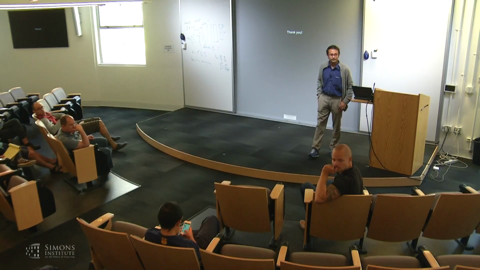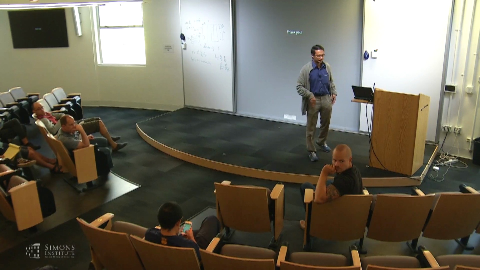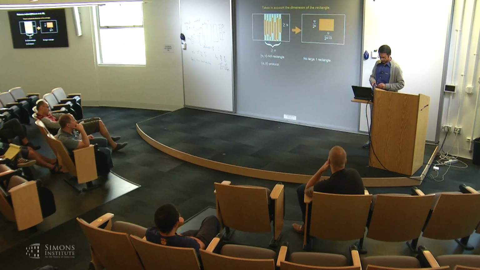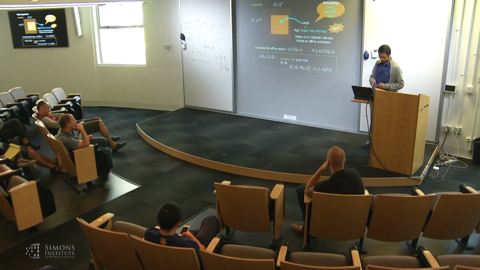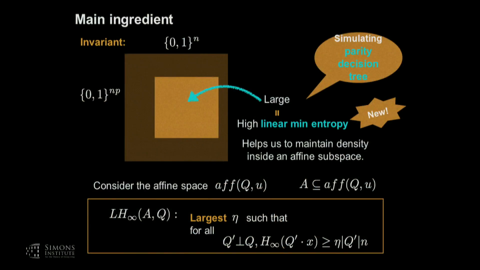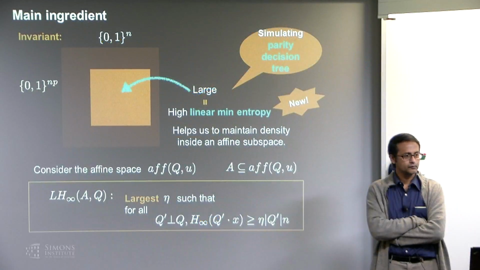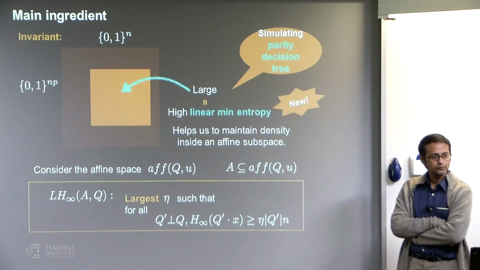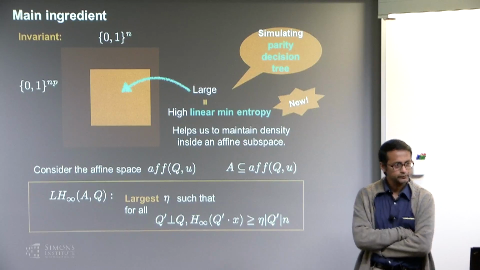I'm not sure it makes a lot of sense, but can you please go to the definition of this entropy? So here, if there is some set of queries, not necessarily linear, and the decision tree will consist of these queries, okay? So not linear, just abstract. And you replace it by, instead of Q prime, every Q prime that does not logically follow from what you have queried so far.